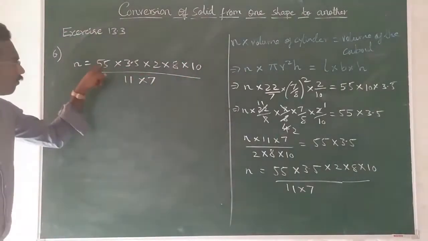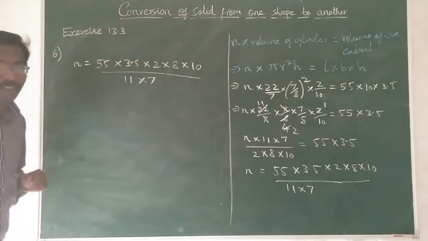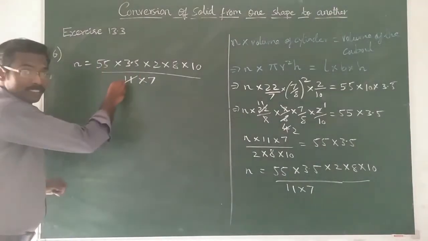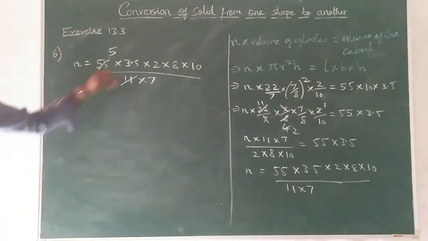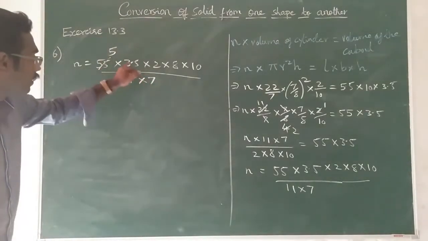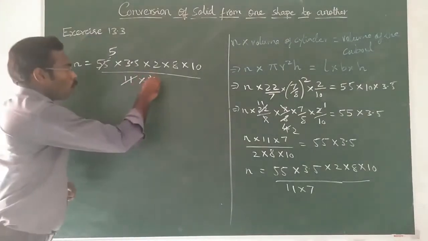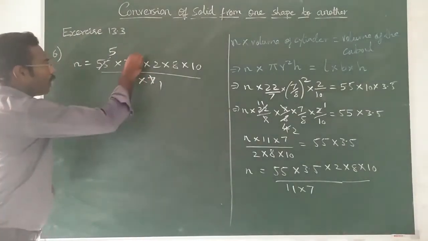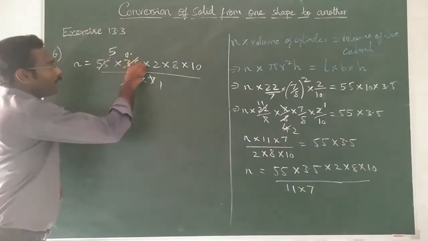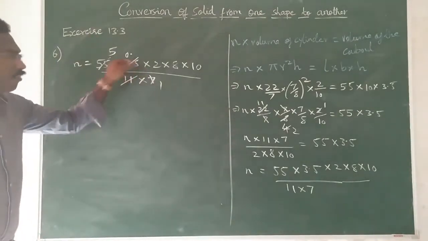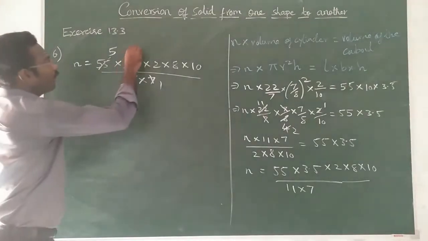Okay, so 11 55. 11th table we can directly cut. 1 11 is 11, 5 11s are 55. Okay, then anything else we can cut. 7 3.5 you can directly cut. 1 7 is 7, 3.5, 3 is not divisible by 7, so put 0. Now 3 5 35, 7 5s are 35, so 0.5.